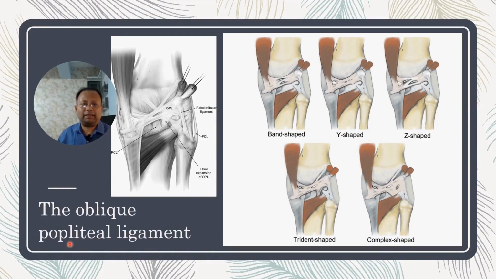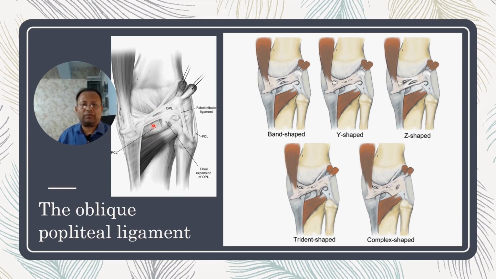So the next ligament is the oblique popliteal ligament. This ligament is a large ligamentous structure of the posterior knee. It starts from the posterior surface of the posteromedial tibial plateau.